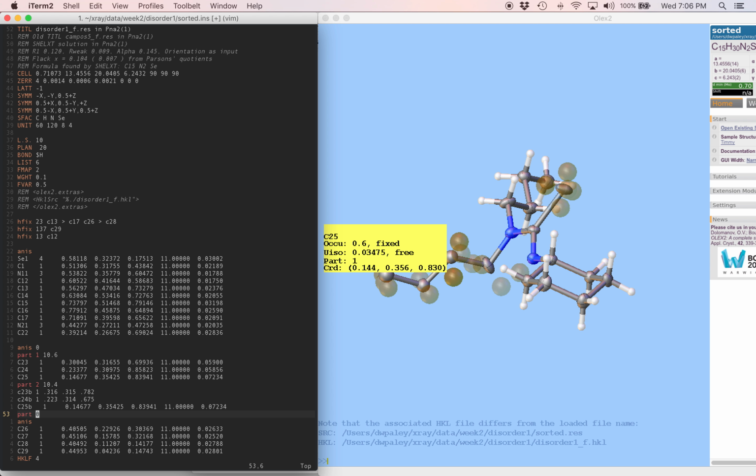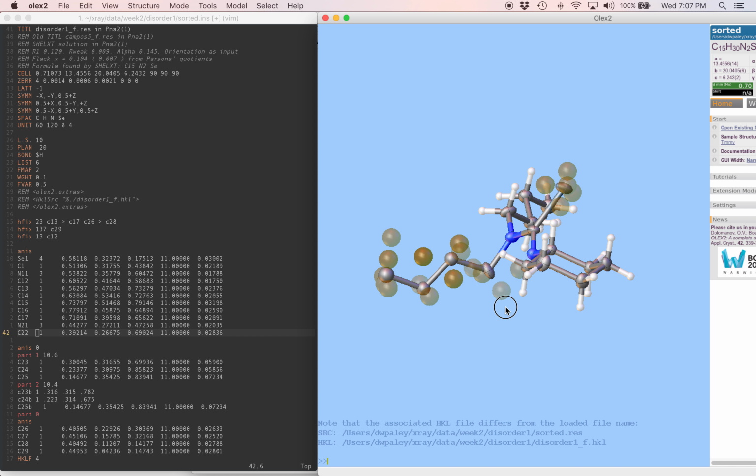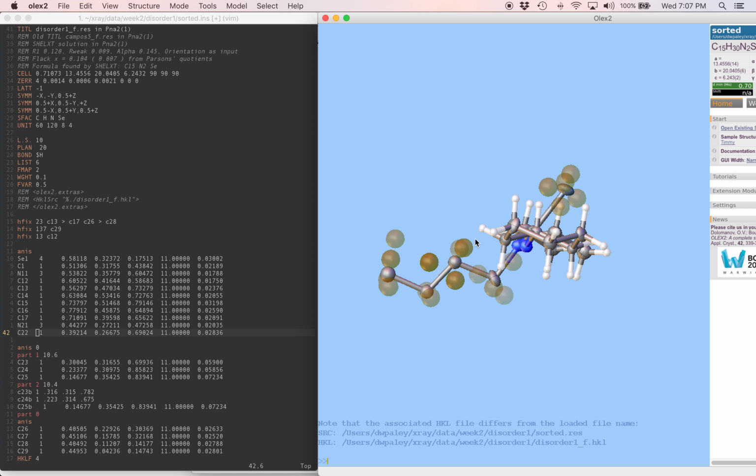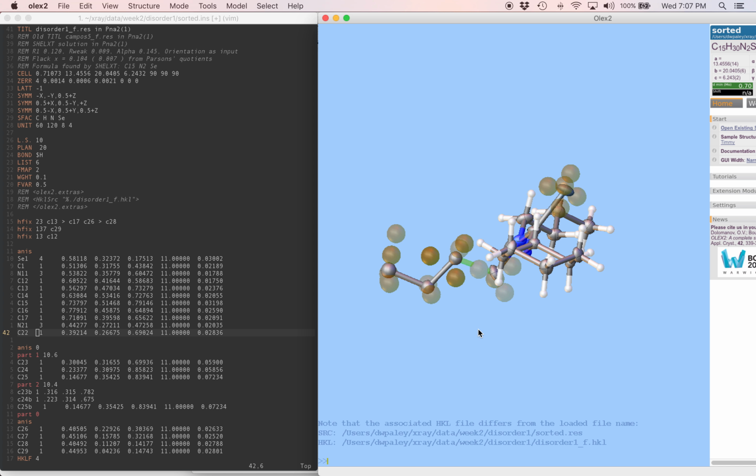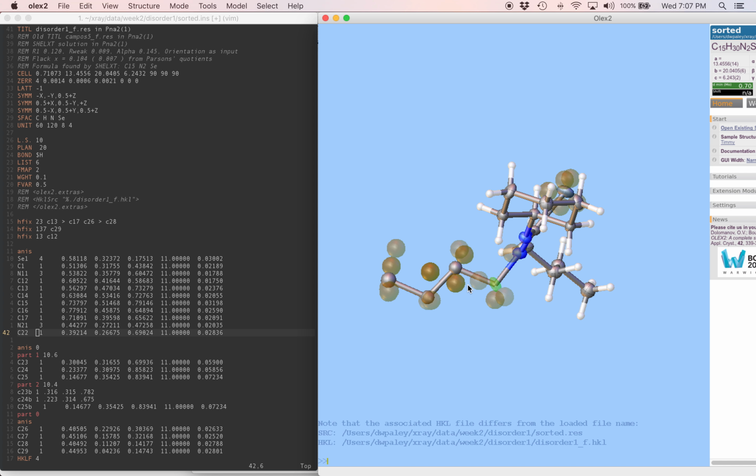And we need to remember we need some restraints to keep these two disordered parts chemically reasonable. Often all you need is to just say that the two parts should look like each other. So we're going to use the same instruction to do that. And we're going to start one atom before the disordered part because we want to make sure that this bond is the same length as the new bond that we're making between C22 and C23B.